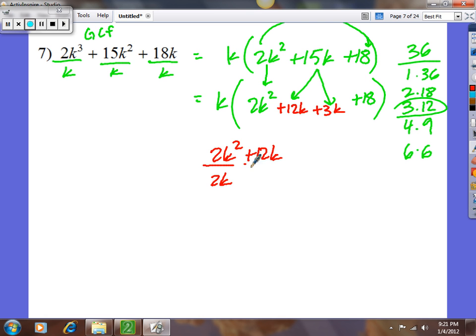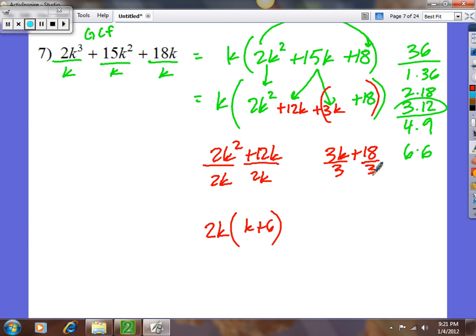So if I divide each by 2k, it's rewritten as a multiplication problem: 2k times k plus 6. Now my second group, the 3k plus 18. The GCF of those two is 3. Divide each term by 3, and you get 3 times k plus 6.